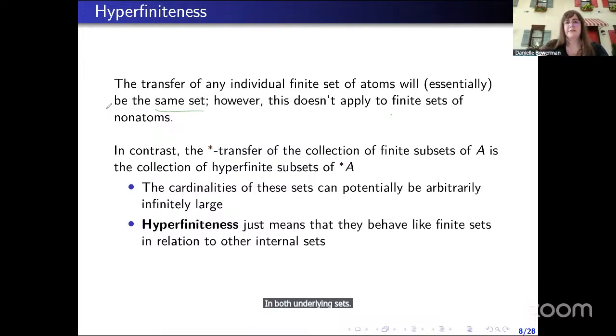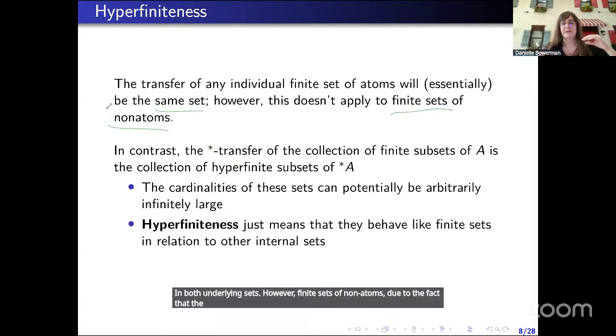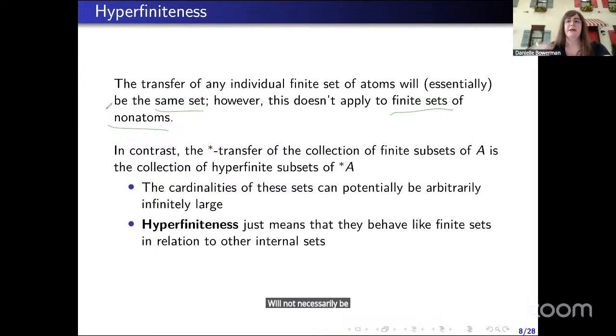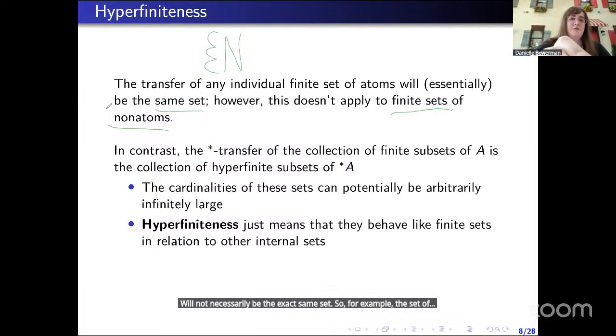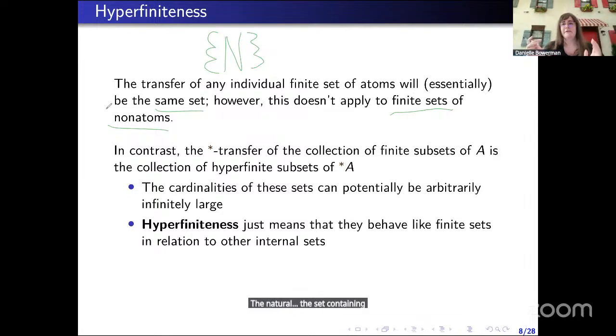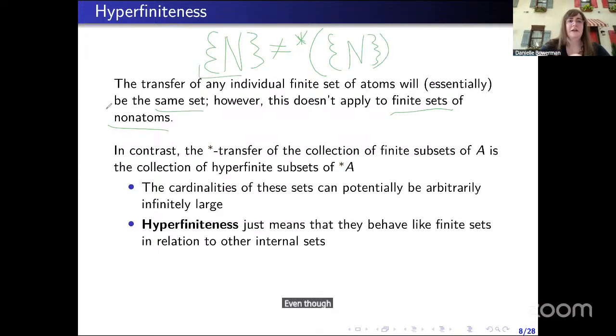However, finite sets of non-atoms, due to the fact that the non-atoms themselves may change, will not necessarily be the exact same set. So for example, the set containing the set of the natural numbers is not equal to star of that set, even though this is technically a finite set.